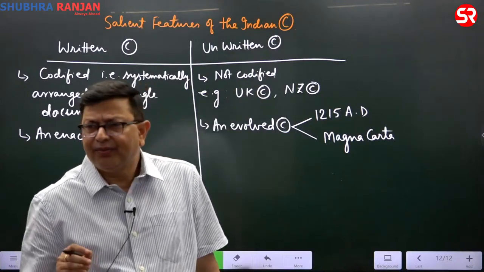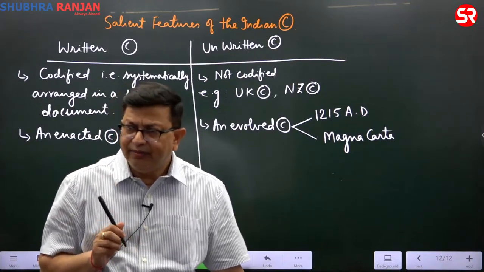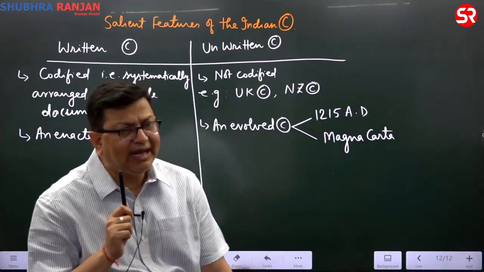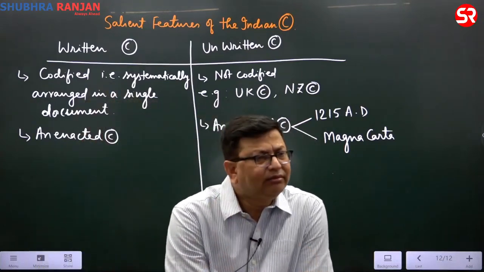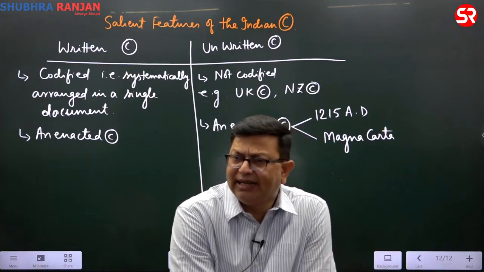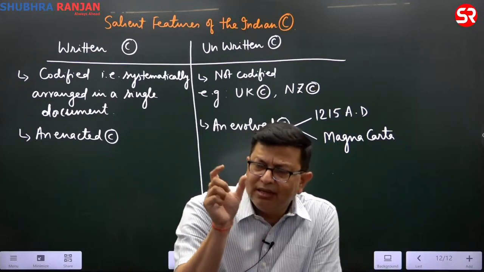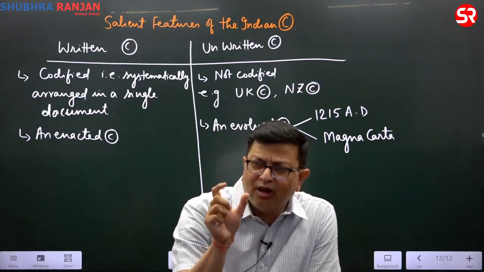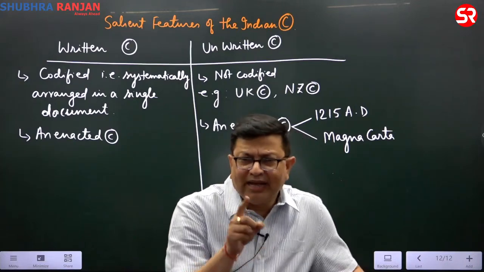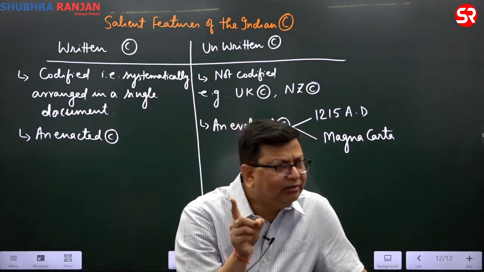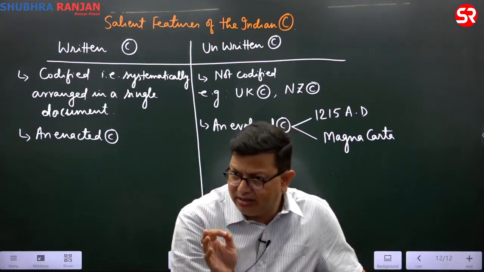Magna Carta was the decree of the king. In 1215 AD, the British king issued a declaration, and he resolved to do something for the people: I will treat everyone equally, then no one will be punished or hurt.